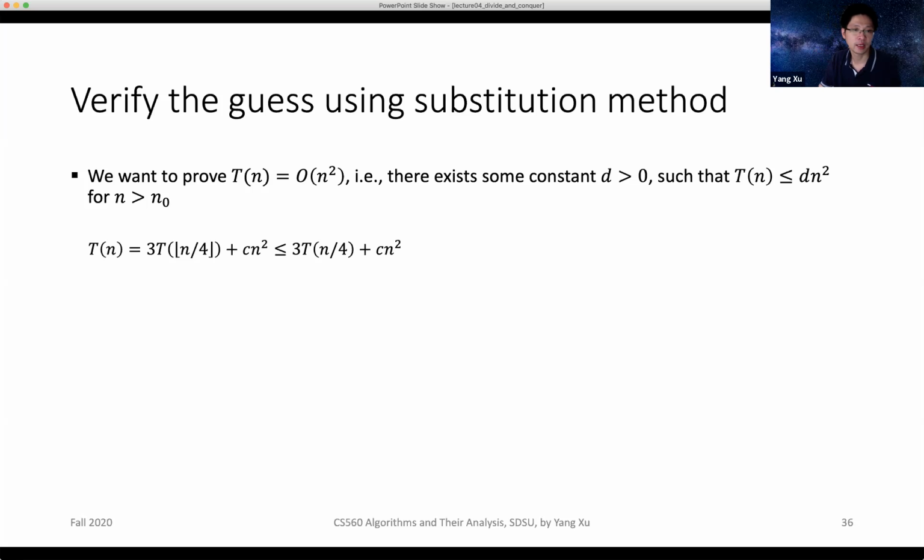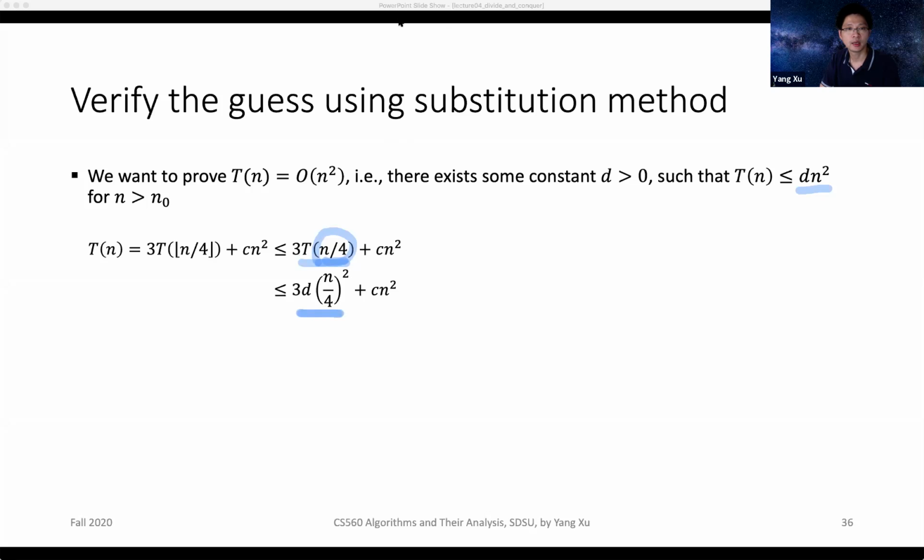Okay, so that is just to follow the rules of the substitution method. The substitution method basically needs to substitute this one, the n over 4, into the form on the right, which is the quadratic function here. Okay, so we substitute this T of n over 4 with d times n over 4 squared.